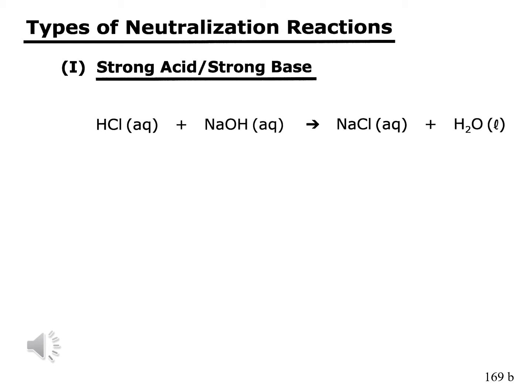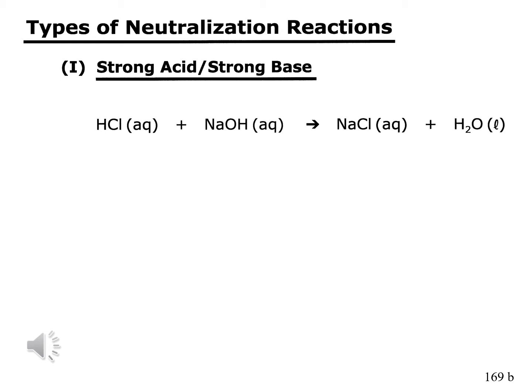This is just for classifying for us, but I want to call this first type of neutralization a type 1, where the acid and the base you're mixing are both strong. This is a very typical one. You've probably studied it other places. And I'm going to take the classic acid HCl and mix it with the base sodium hydroxide. And you know that when you mix an acid and a base, you get a salt plus water.